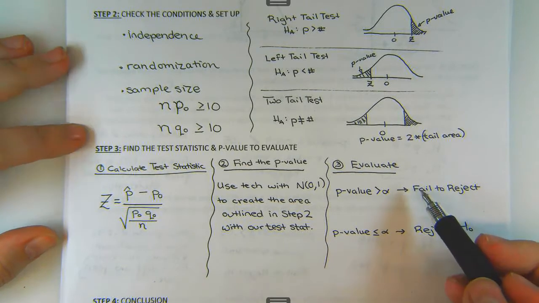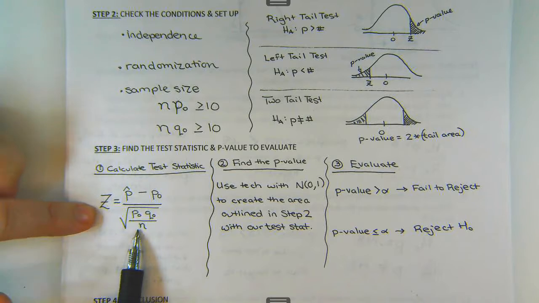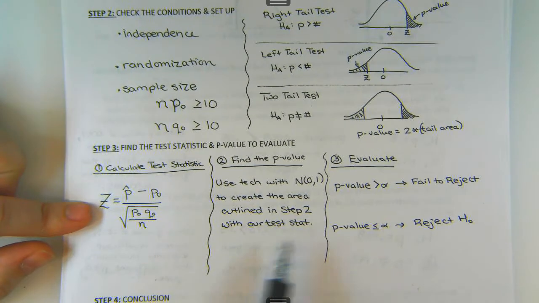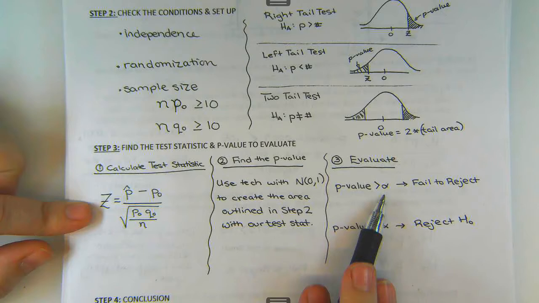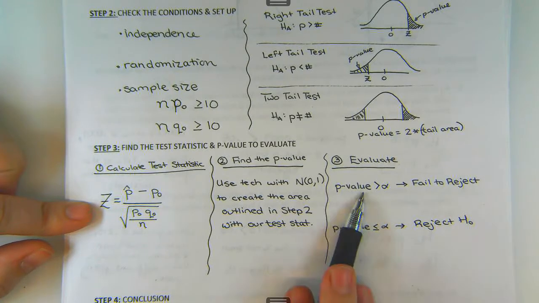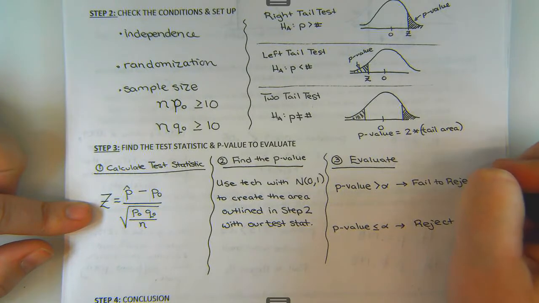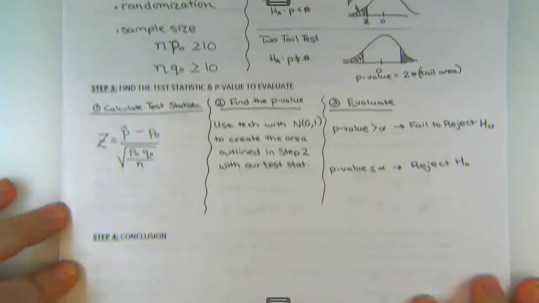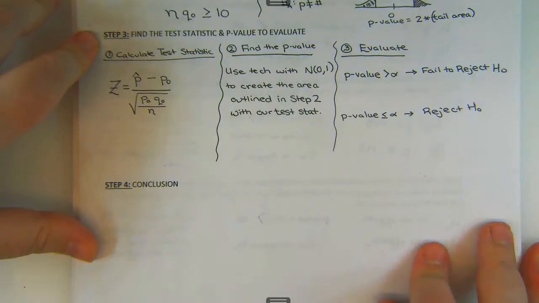So from here, we've got the test statistic, we go to technology to find the area under the curve, and once we have that area, we compare it to whatever our significance level is. If it's big, fail to reject the null hypothesis. If it's small, we get to reject it. And from there, we can go to our final conclusion.